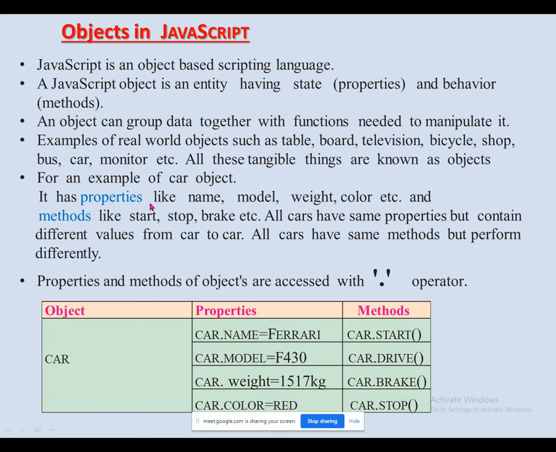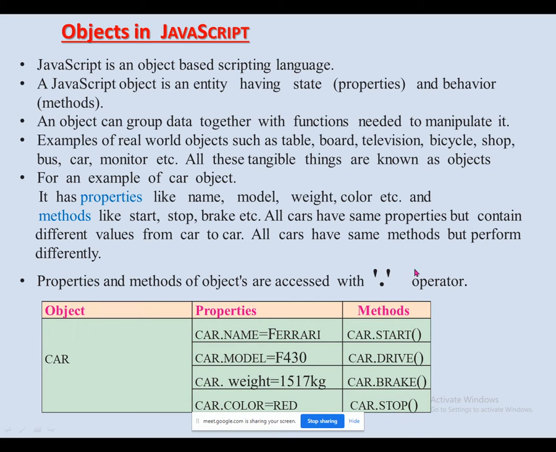We can call these things the properties of that car object. And what are methods? Methods are nothing but functions, like start the car, stop the car, brake, to use the brake, etc. These contain some action, so such things you can call methods or functions of that particular car.